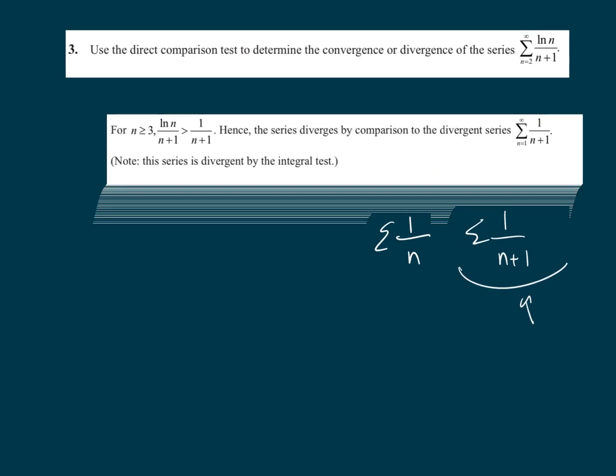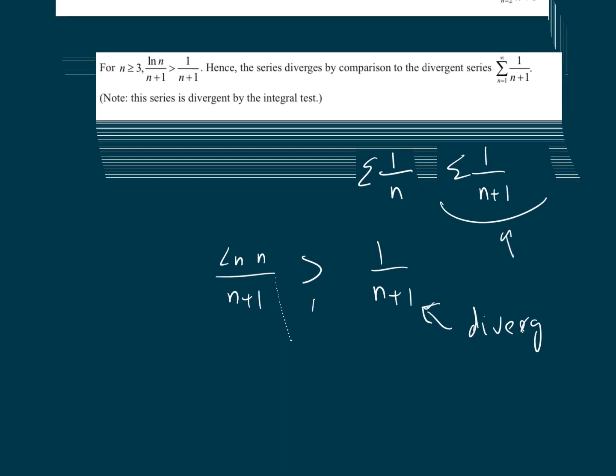So if I can prove that the natural log of n divided by n plus 1 is greater than the one that diverges, which is my thermometer, then this one will diverge. Can I prove that this one is greater than this one?